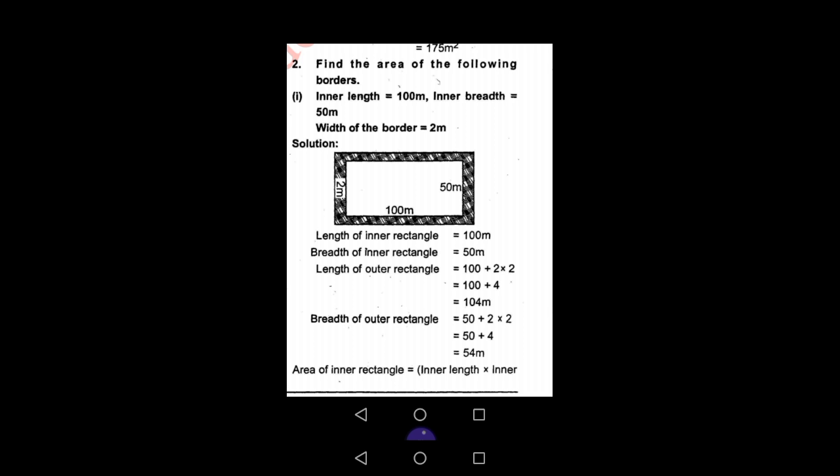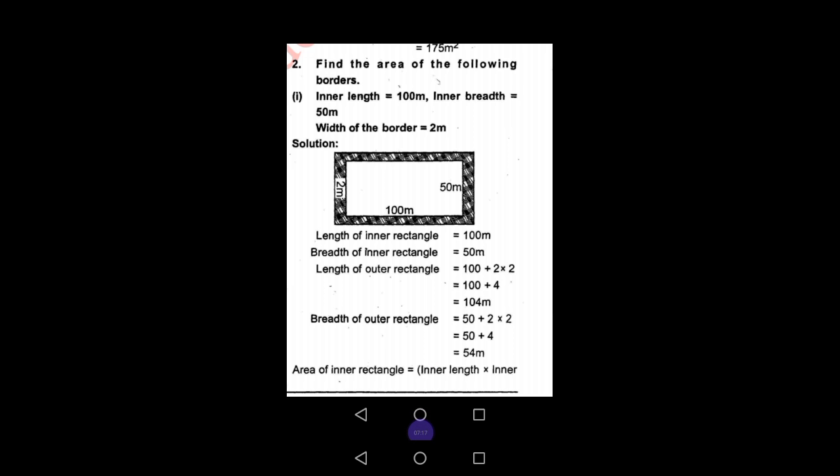When we add 100 plus 4, we get 104 meter, the length of the outer rectangle. Breadth of the outer rectangle is 50, the inner rectangle's breadth, plus twice the border, that is 2 into 2, which is 4. When we add 50 plus 4, we get 54 meter.